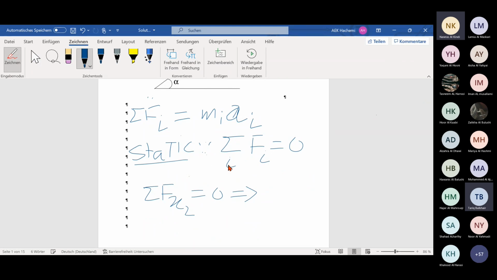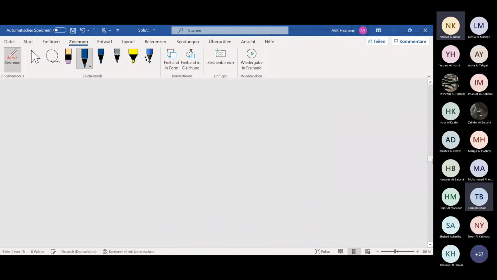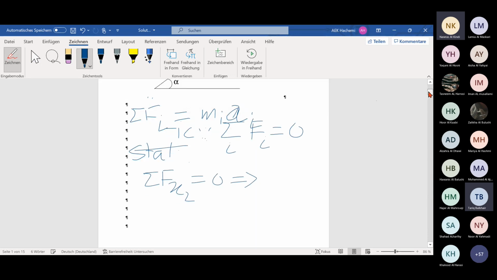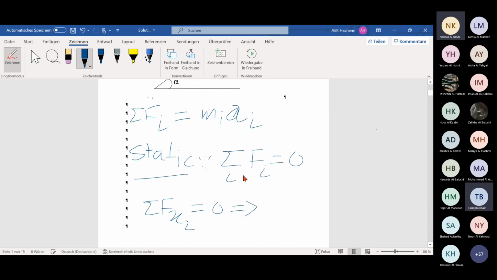Then I return back now to the picture. I will try to find, during my presentation, a solution for this exercise that will be easier.